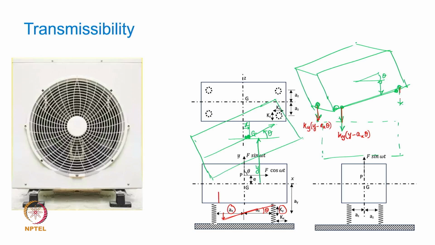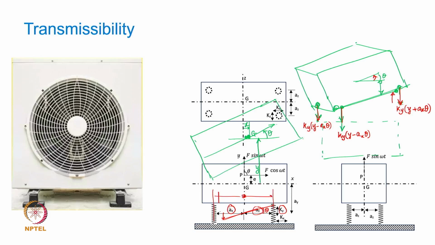What about this force? It will be related to the vertical stiffness, and make a note that y gets added to the additional translatory displacement because of the tilt theta. So it is going to be adding here Ax theta. We are simply assuming that the distance of this spring and this spring from the center here is the same.